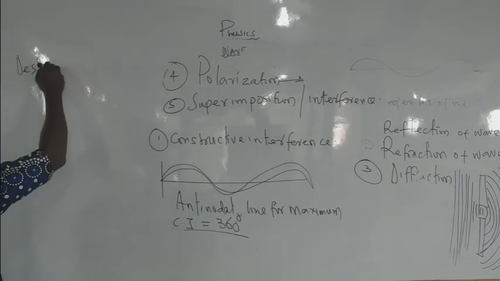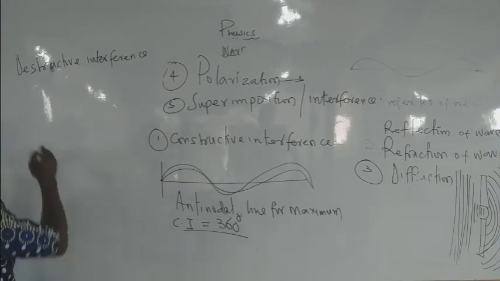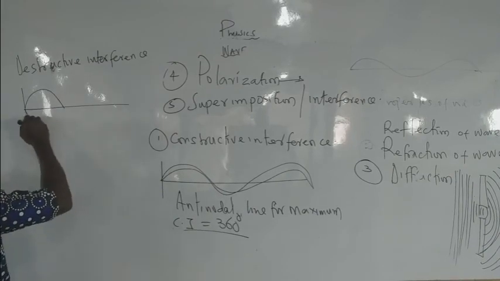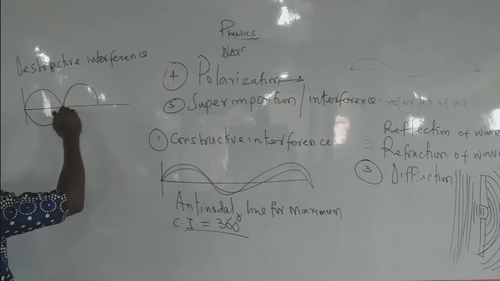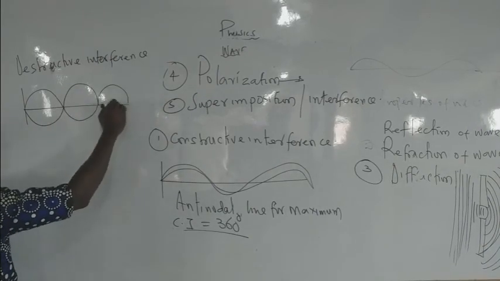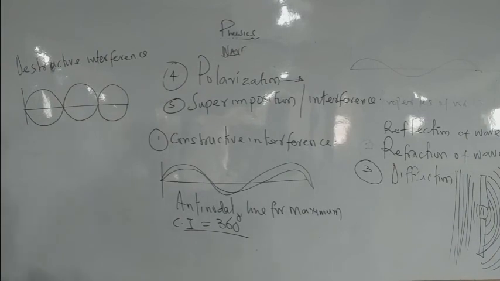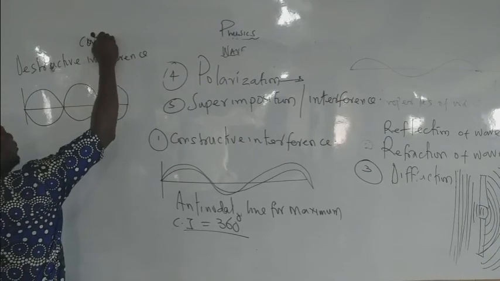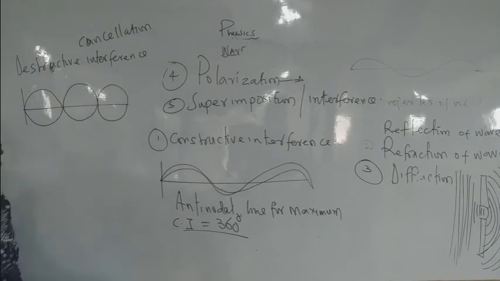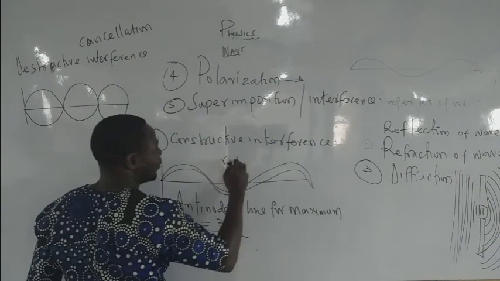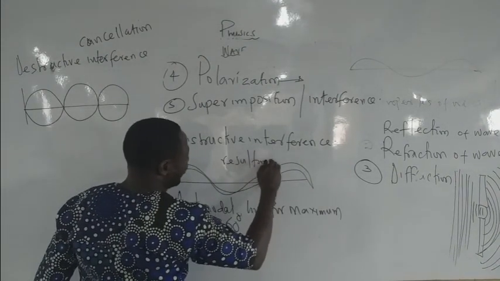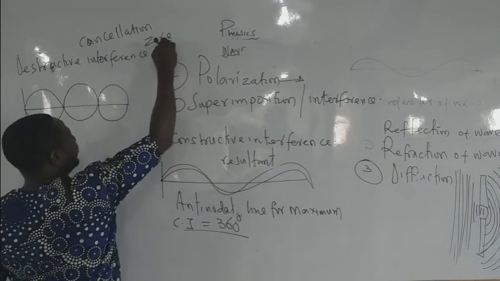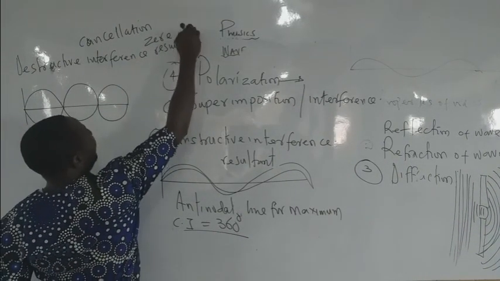Then the second one is destructive interference. This occurs when the crest of one wave is seen on the trough of the other wave. So when you have a diagram like this, it is destructive interference, or we call it cancellation. This one gives a maximum resultant, while this one gives zero resultant, because it is called cancellation.